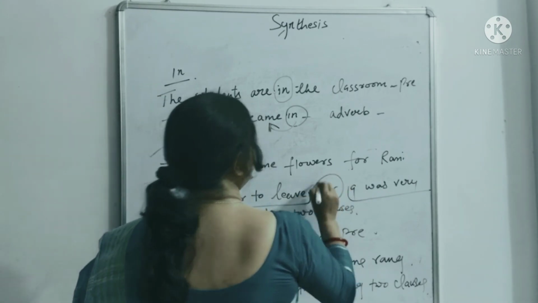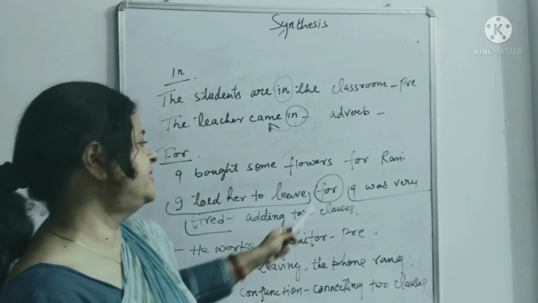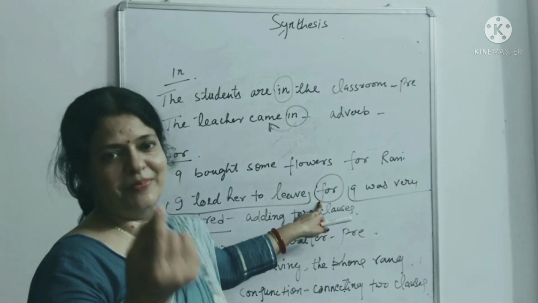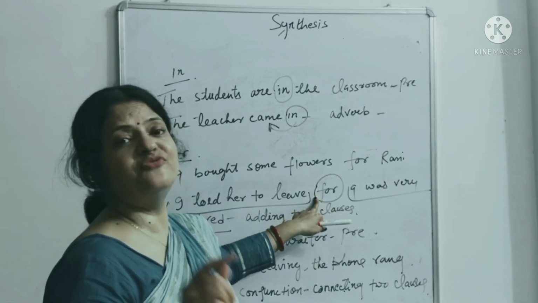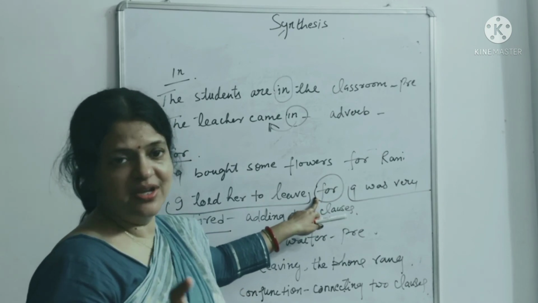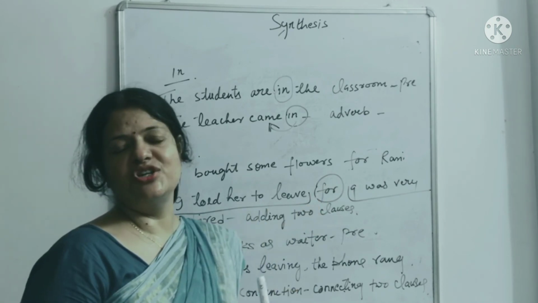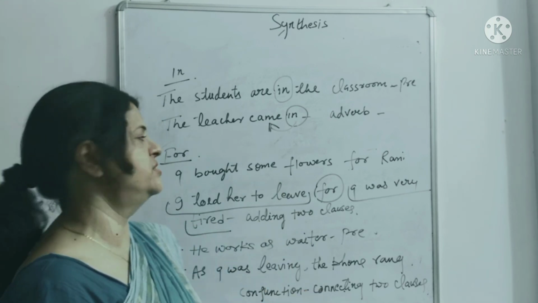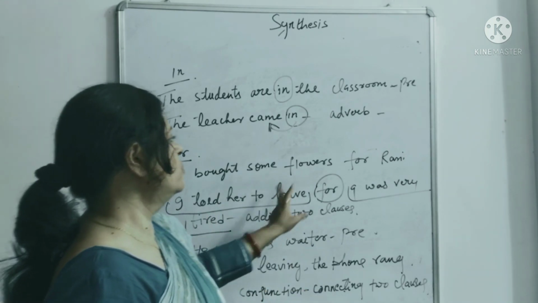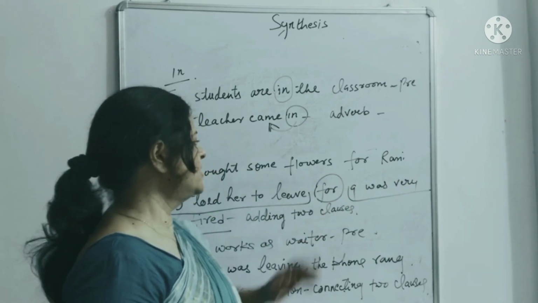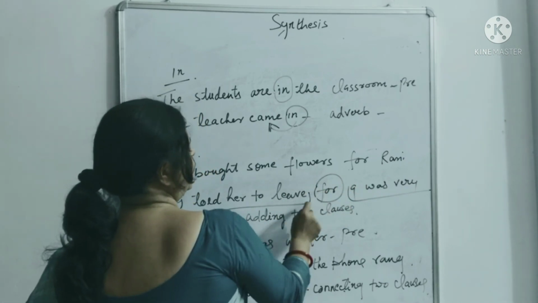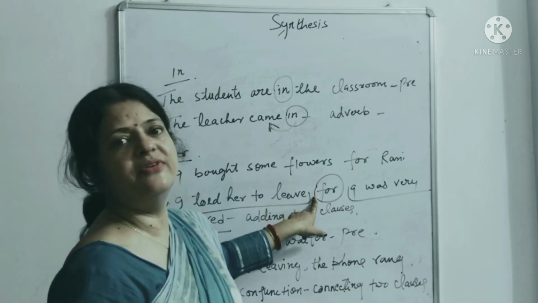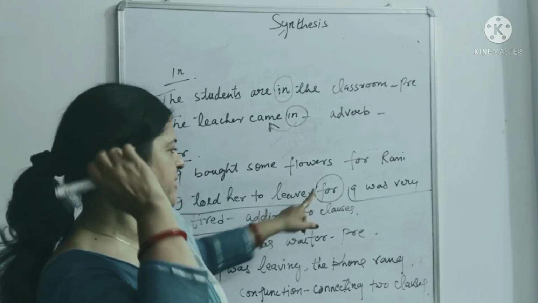You cannot call it a preposition. This for is a conjunction, because the work of a conjunction is to add two sentences, two phrases and two clauses. So this for is working as a conjunction in this sentence.